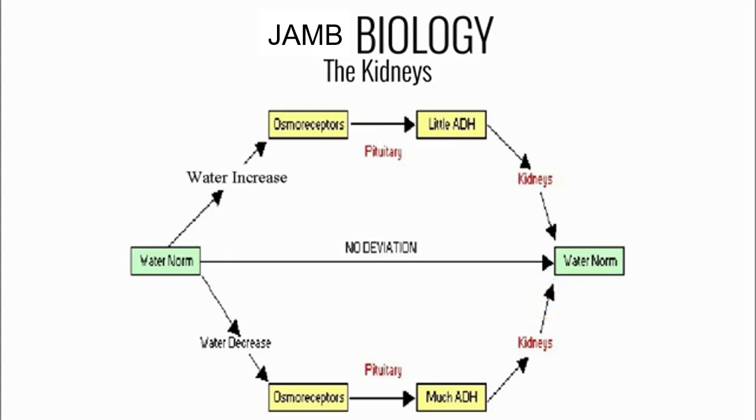If the water content becomes too high, the coordination center again will receive information and coordinate a response, and then the pituitary gland releases less ADH, so less water is reabsorbed from the kidney tubules.